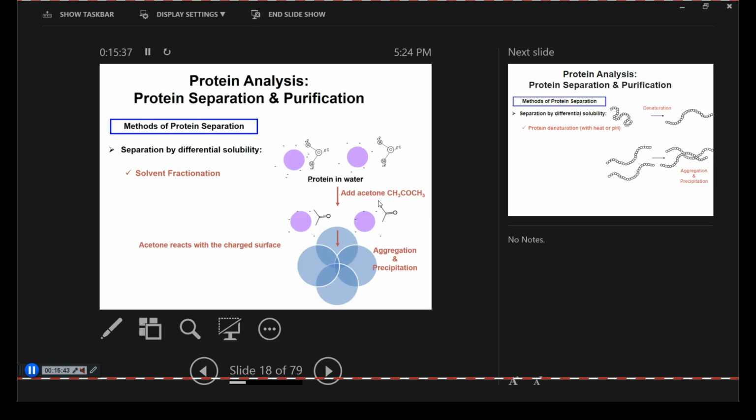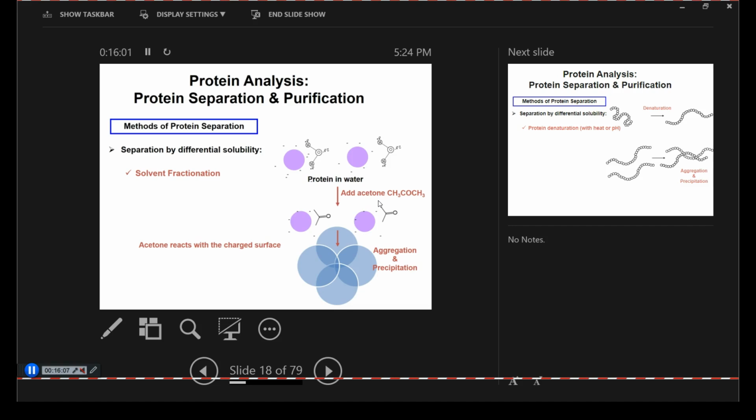Yeah, it destabilizes because now the acetone is in direct contact with the protein itself, and the hydrophobic residues will start orienting themselves to the acetone because it's hydrophobic. Originally, they hide from water, so they're inside. But when they have acetone in their proximity, they open up, because they now want to interact with the acetone.